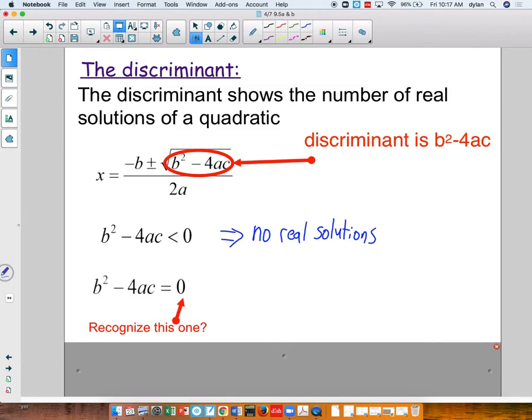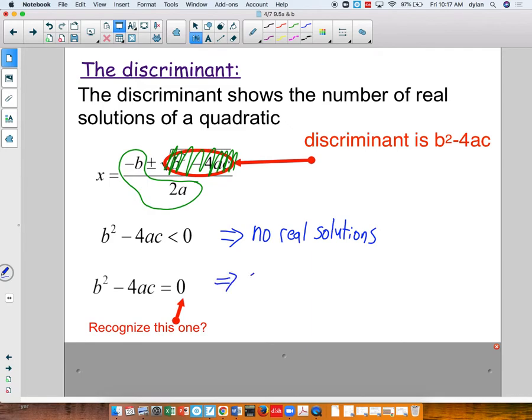is b squared minus 4ac equals 0. And if you get exactly 0, notice what happens. If we have exactly 0, the whole square root part of the discriminant would disappear, and we'd be left with negative b over 2a, which is the equation for the vertex that we learned way back in chapter 8 when we were learning how to graph quadratic functions for the first time. And think about what's going on here. If the discriminant disappears, the plus or minus also disappears.